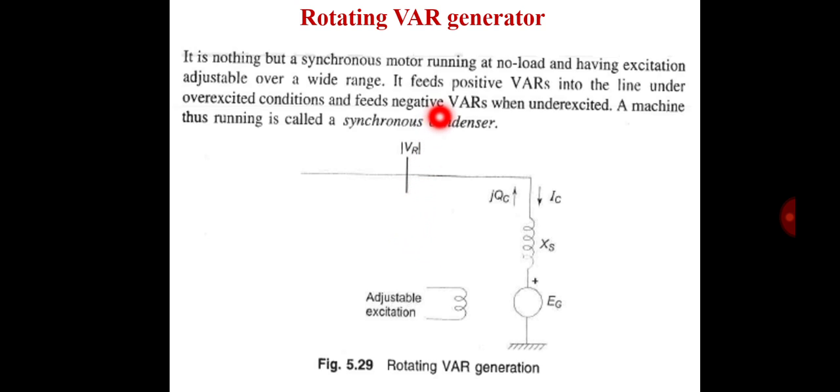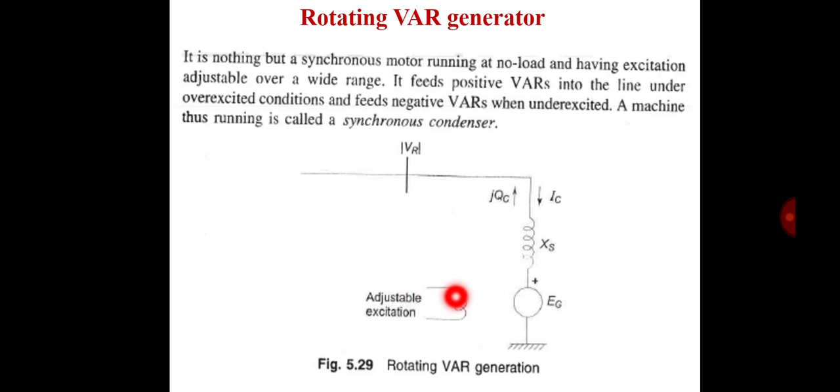It feeds positive VAR into the line in overexcited condition, and feeds negative VAR in underexcited condition. A machine thus running is called a synchronous condenser.